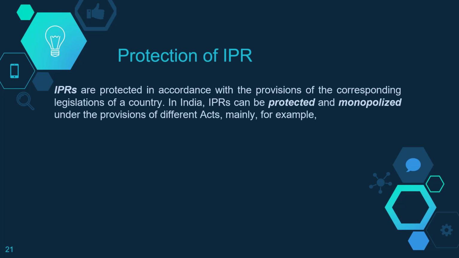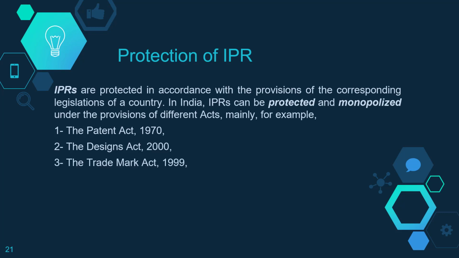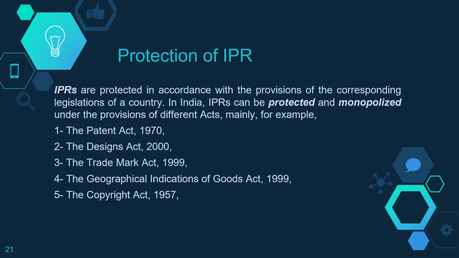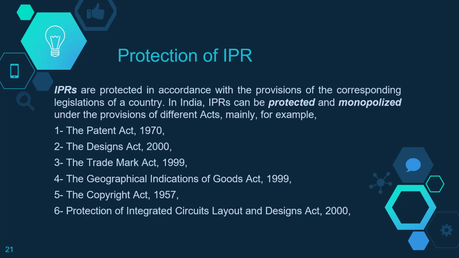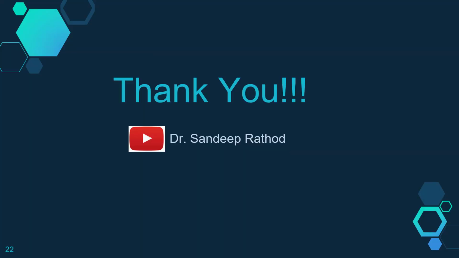In India, intellectual property rights can be protected and monopolized under the provisions of different acts, mainly the Patent Act 1970, the Design Act 2000, the Trademark Act 1999, the Geographical Indications of Goods Act 1999, the Copyright Act 1957, Protection of Integrated Circuit Layout and Design Act 2000, Protection of Plant Varieties and Farmers' Right Act 2001.